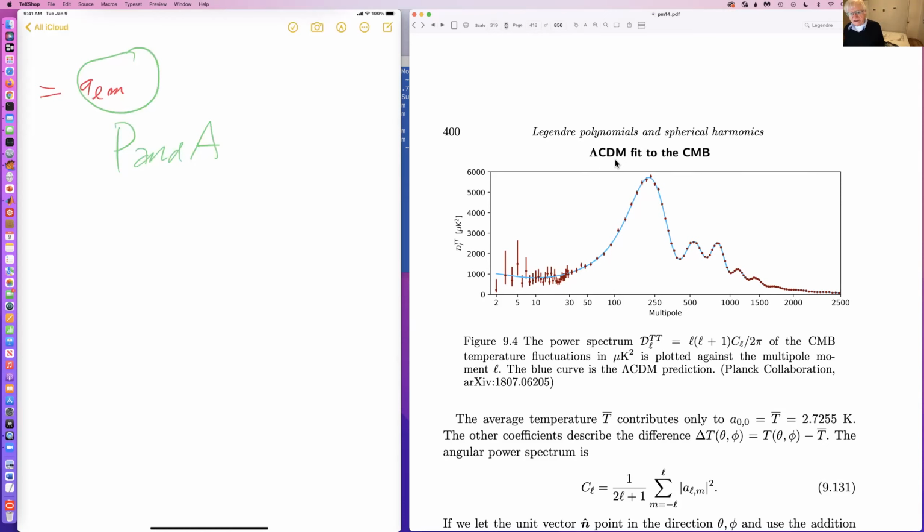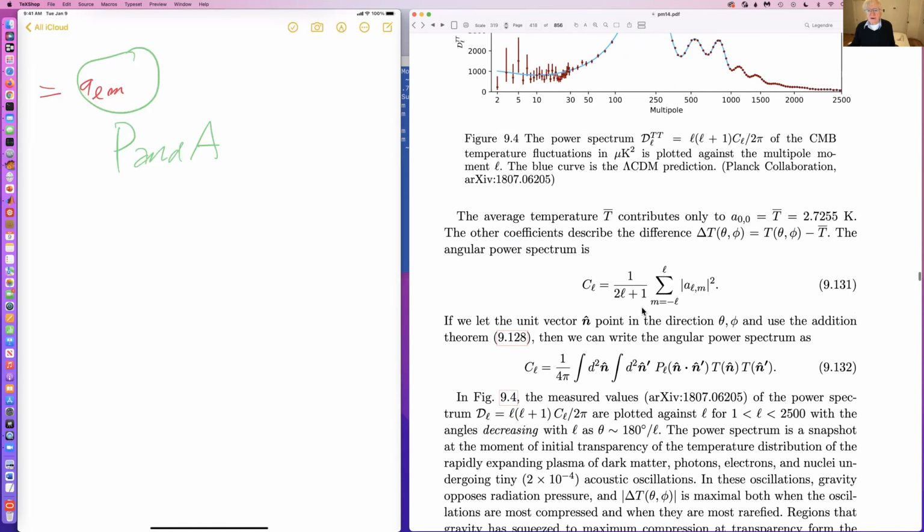That picture of the universe doesn't mean that there's nothing but lambda and cold dark matter. It's that there's lambda, cold dark matter, and then ordinary matter. Anyway, this is the fit they have, let me go on a little bit before coming back to this.